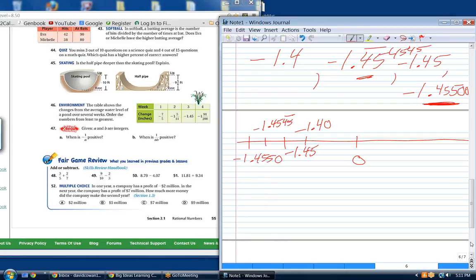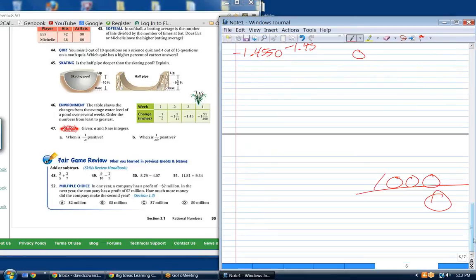What's next? One moment really quick. Need to arrange the original numbers into order. That's a good question, actually, because they're so close.